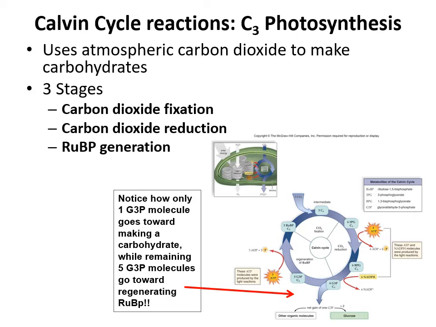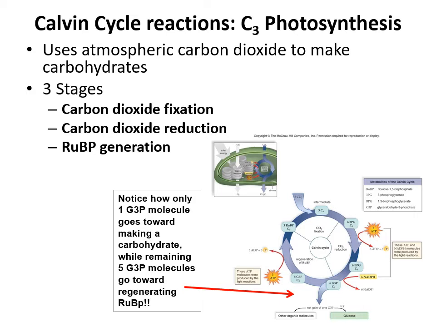Okay, just be aware that this process has 3 steps: fixation, reduction, and Ruby P generation. And that last step, basically, like it says, is generation or regeneration of Ruby P from any remaining carbons that have gone through the cycle. And this allows the cycle to then jumpstart once again, and as any cycle does, keep going around in circles.